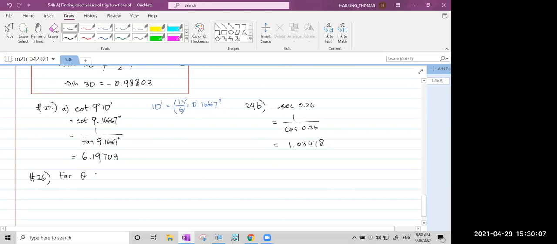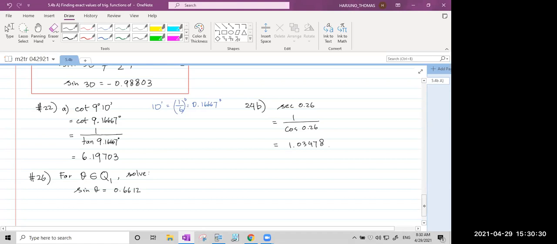For theta in quadrant 1, solve sine theta equals 0.6612.